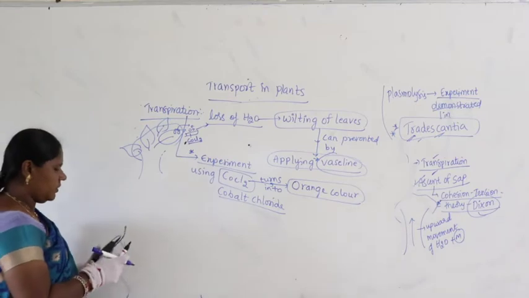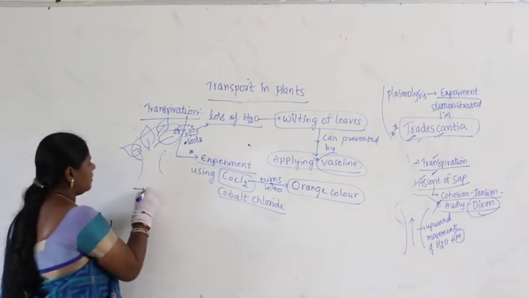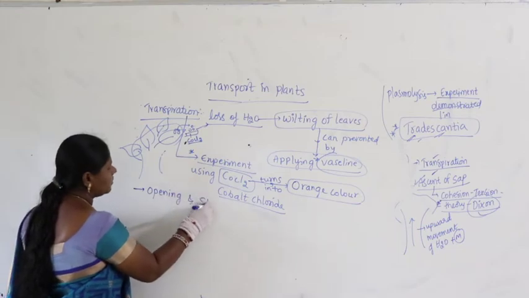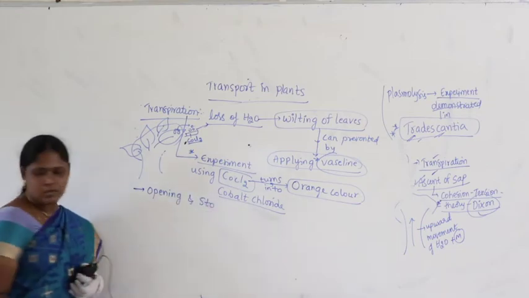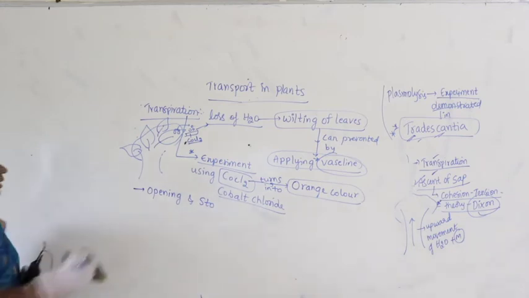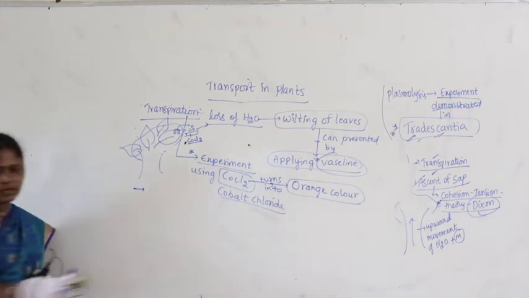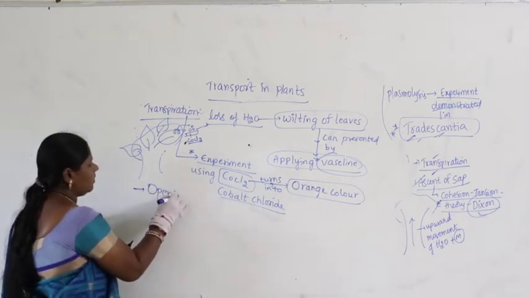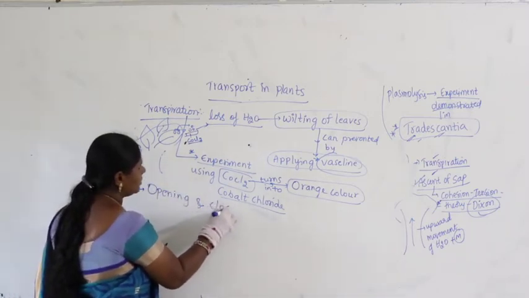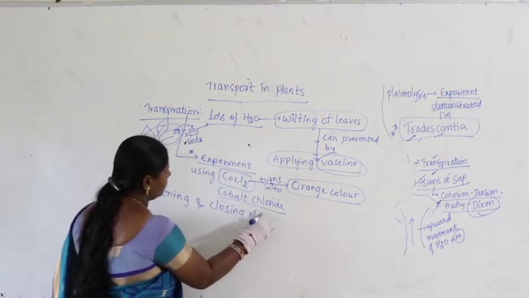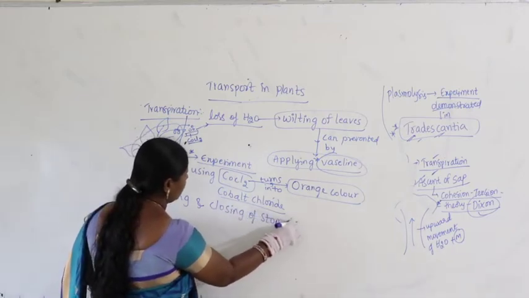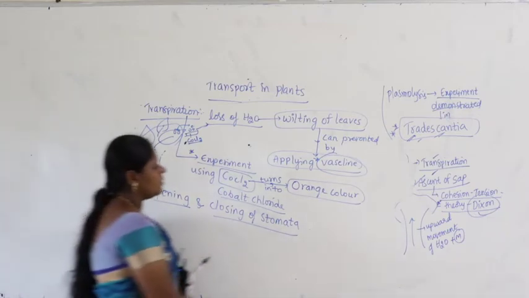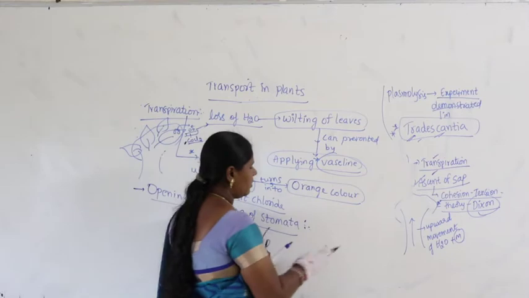Right. Now apart from this, if you look at opening and closing of stomata, better you write down directly glycolate. When you talk about the phenomena of opening and closing of stomata, guys, do remember glycolate.